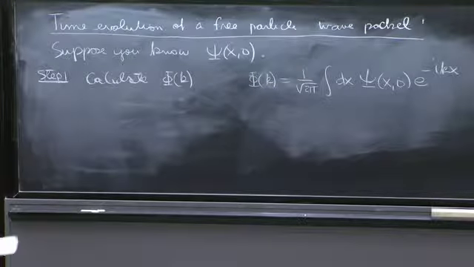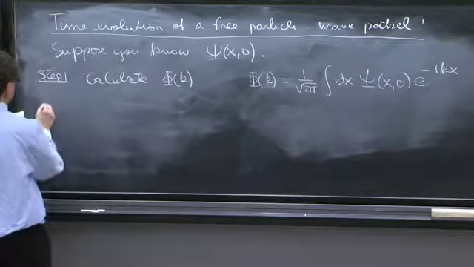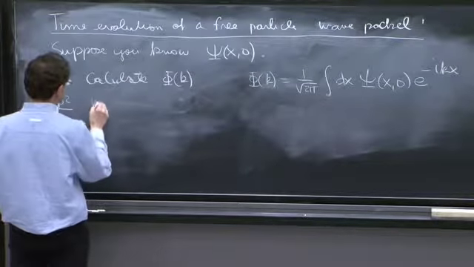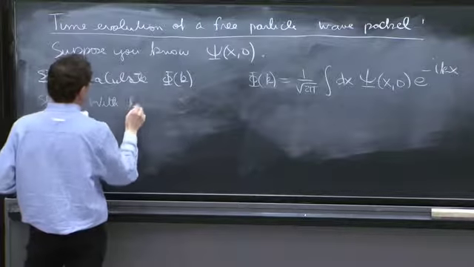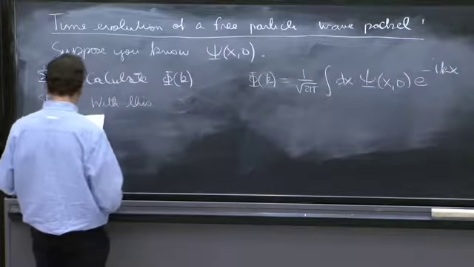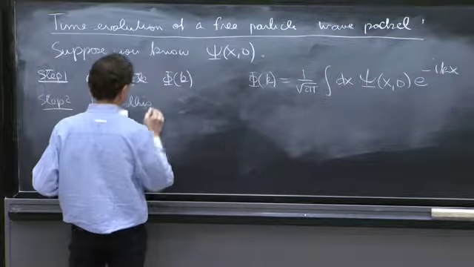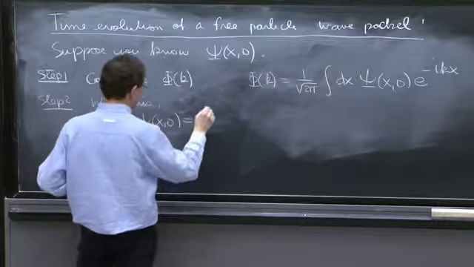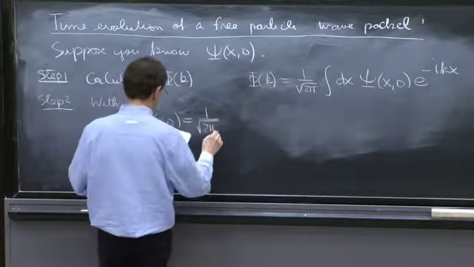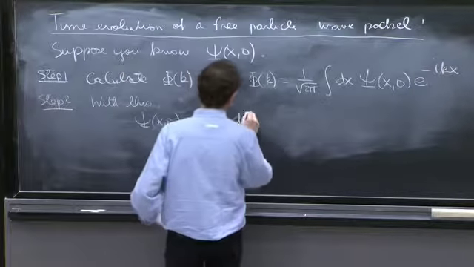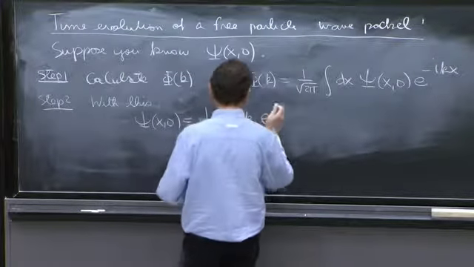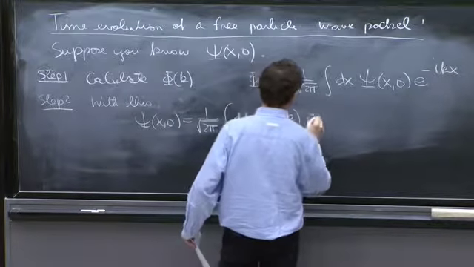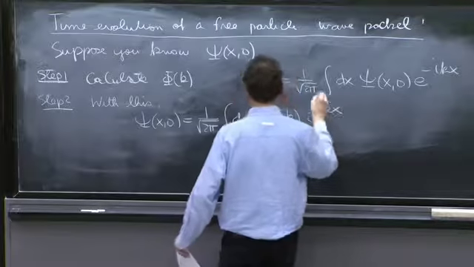Step 2. With this, now rewrite and say that psi of x 0 is 1 over square root of 2 pi integral dk phi of k e to the i kx.